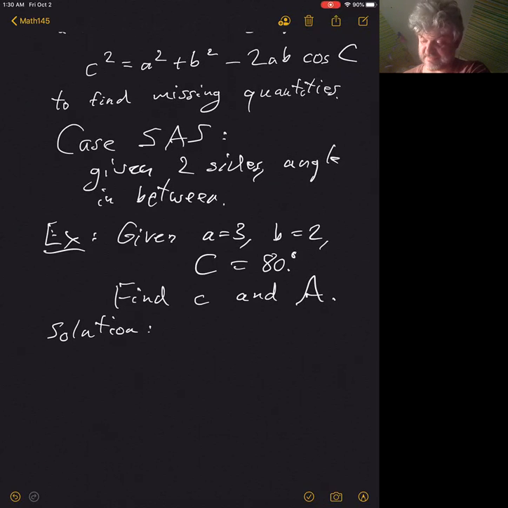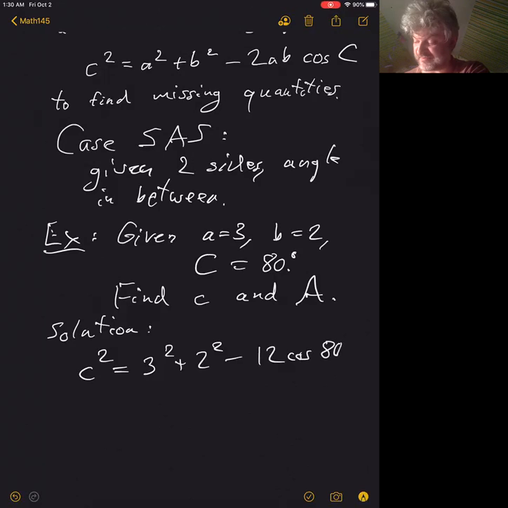So c squared is a squared plus b squared. That's 3 squared plus 2 squared minus 2 times a times b, that's 12, cosine of 80 degrees.